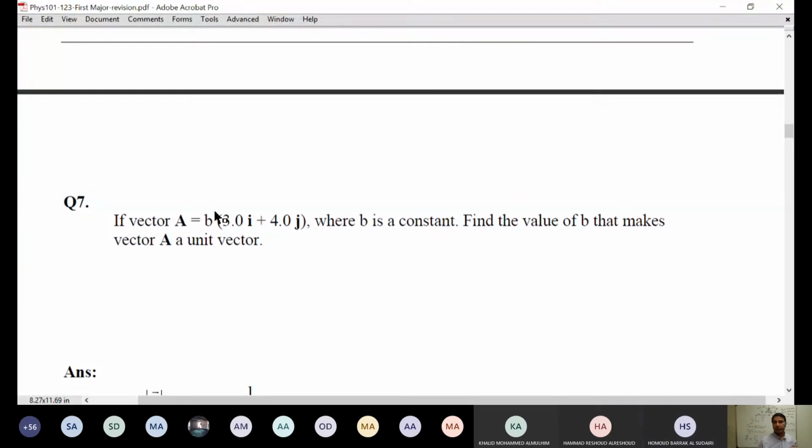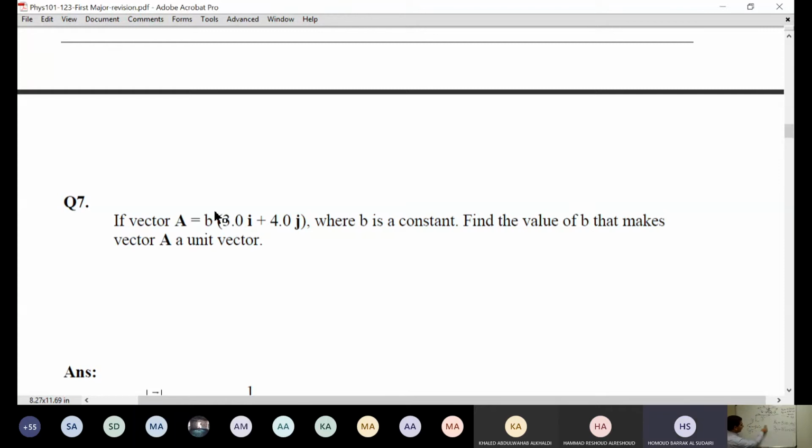Okay, so this is a very cute problem again. Can someone tell how we can solve this one? Yes. Find the magnitude. Find the other vector which makes it 0. Okay, so here we are going to use the definition of the unit vector. What is the magnitude of a unit vector? 1.